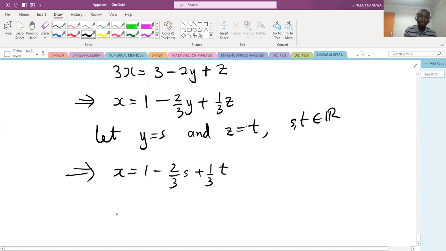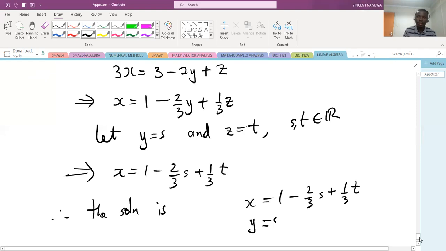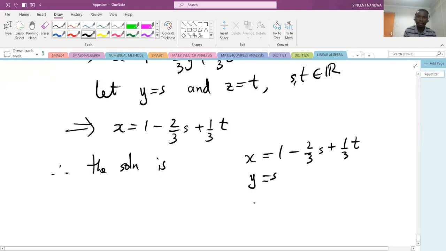And so therefore the solution is x equals to 1 minus 2 over 3 s plus 1 over 3 t, and then y is s, and then z is t. So this is a solution set. And remember to specify that s and t are real numbers.